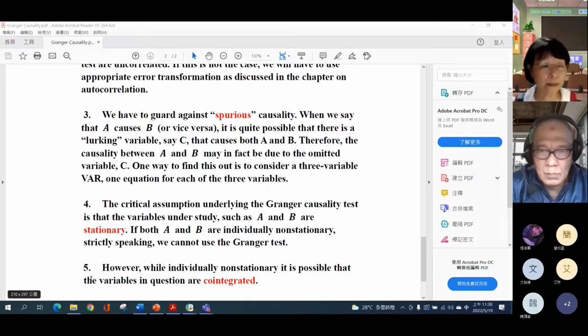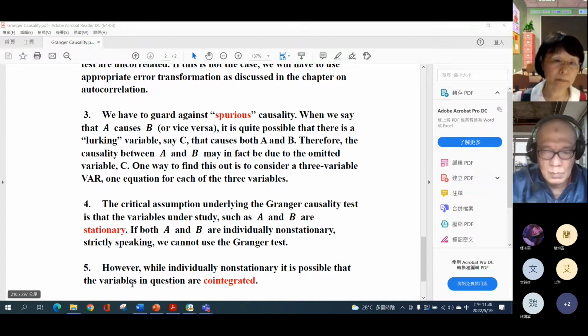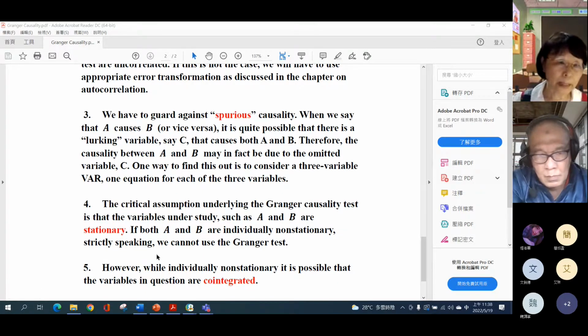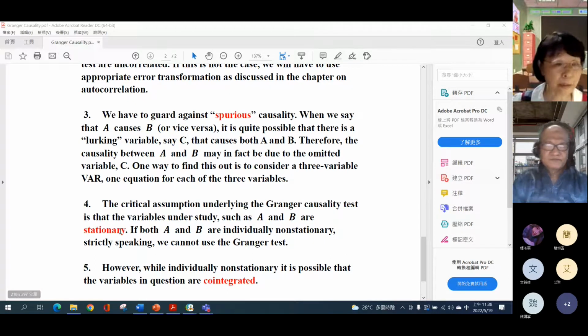Okay, and this number 5: if we check the individual variables under study and they are non-stationary, since the number 4 condition says they should be stationary.